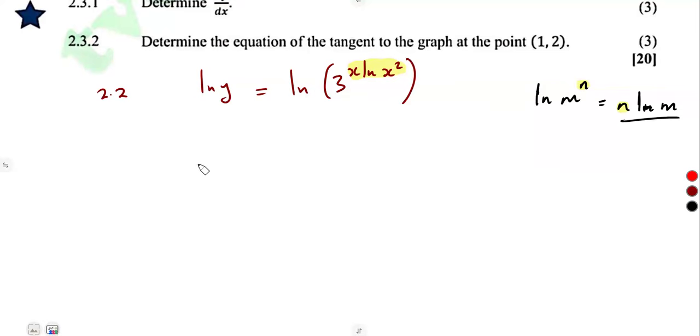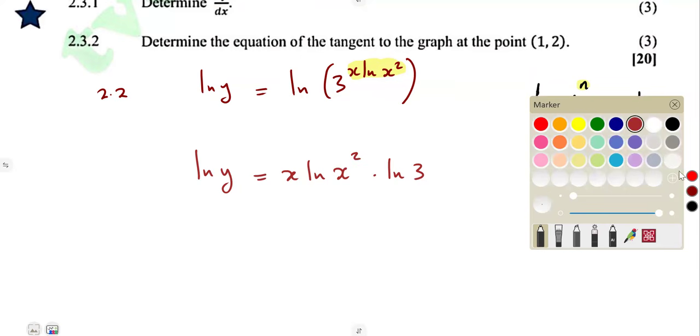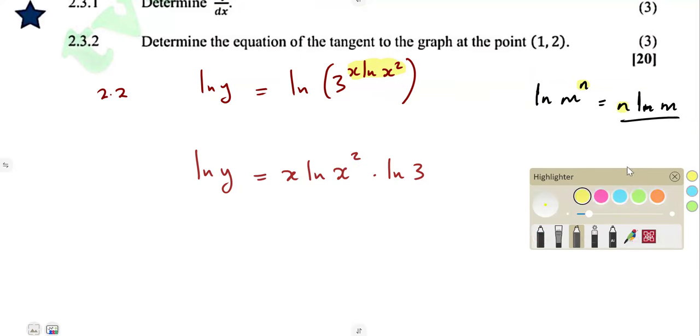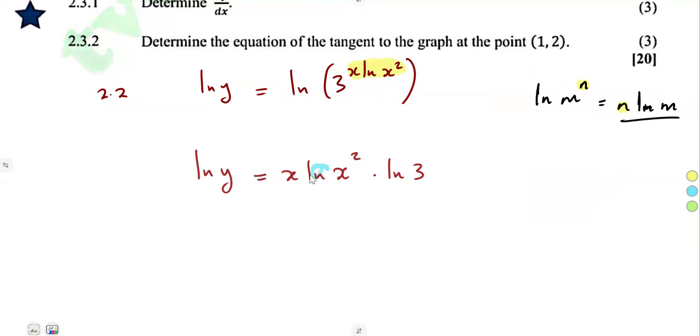So that means the ln of y is equal to, drop the exponent. So that's x ln x squared times what? The ln of m, the ln of the base, which is the ln of what? The ln of 3. All right? But we can also see that there is also a ln raised to the exponent here, x ln x squared.